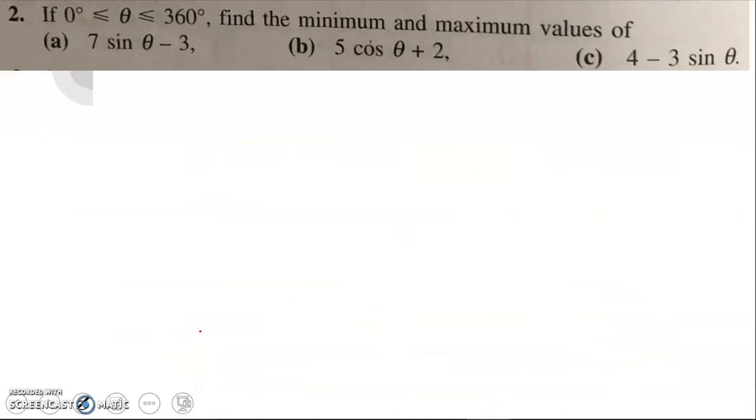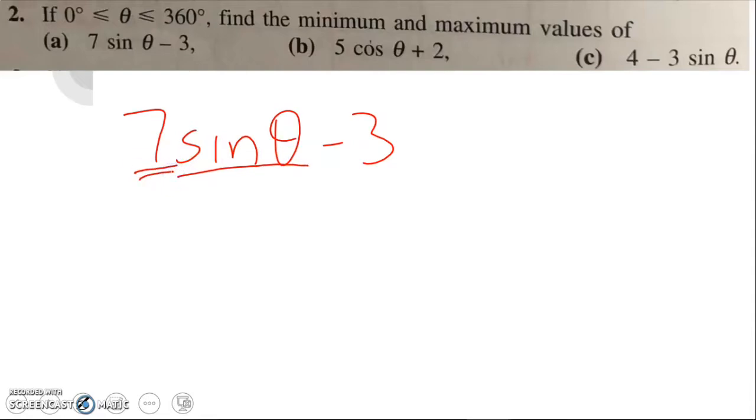Number 2, between 0 and 360, find the min and max. I have 7 sine theta minus 3. Okay, so this graph shows you two things. It tells you, obviously, this is a sine graph. Second thing it tells you is your amplitude. Your amplitude is how high or how low it goes. Okay, so your amplitude in this case is just 7, and your axis of the curve is equal to negative 3.